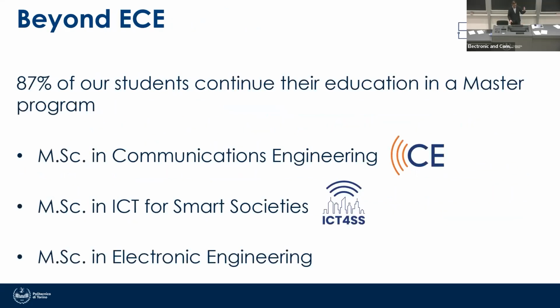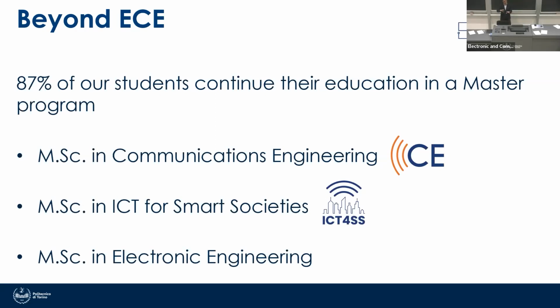If you decide to complete your study at PoliTo, the natural continuation is a master in communication engineering, that is, as the name says, covering technologies in the communication area. And then we have a second master in ICT for Smart Society, that is again in the area of communication, but is more about application.